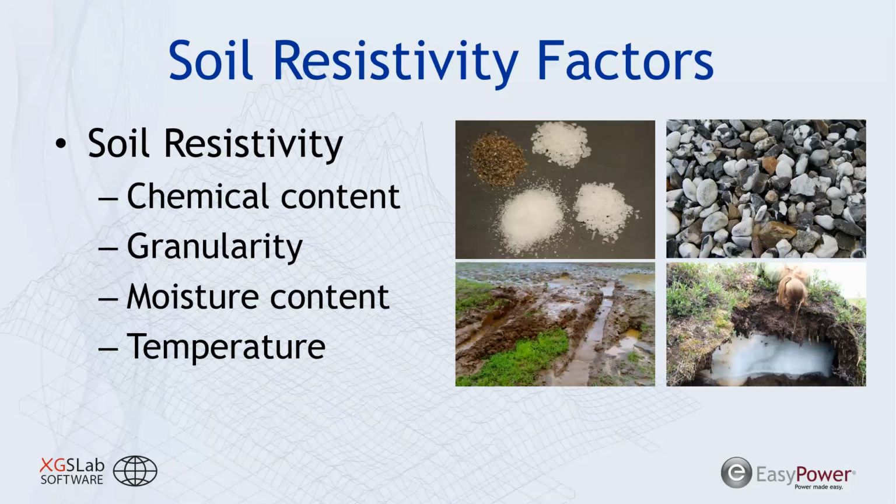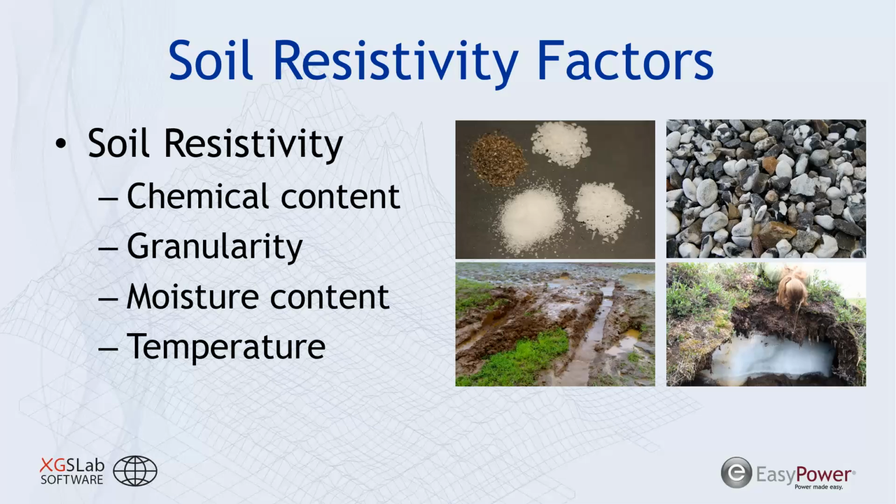Now I wanted to talk about the basics of how we are conducting current through the soil so that we can give some better information or have better estimates for more macro evaluations of soil. Typically, when someone's going out and doing a test or evaluating the resistivity of soil, they're looking at a more macro level, looking at the chemical content of the material, the granularity or particle size of the soil, its moisture content, and its temperature.